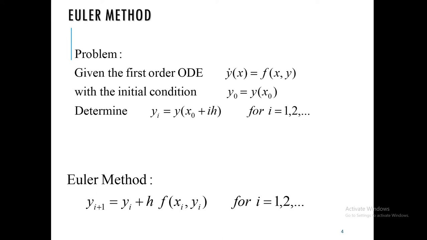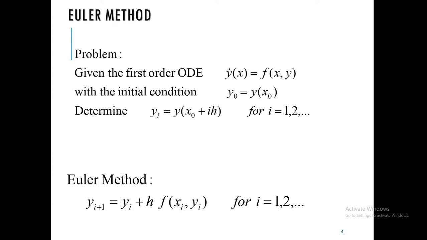Then he says that we determine the iteration y_i at the given steps i = 1, 2, 3, 4. So y_i, when i is 0, you have this; when i is 1, you get y2, y3, y4, y5.